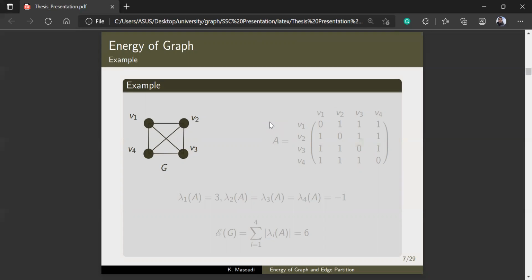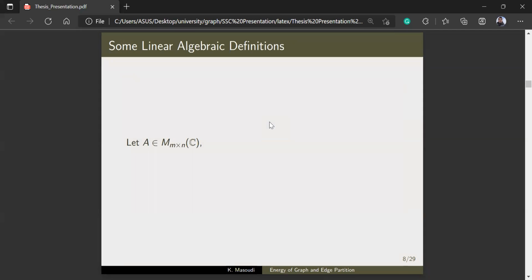First, we write down its adjacency matrix, then we have to find all of its eigenvalues, which we can see: it has one eigenvalue equal to 3 and three eigenvalues equal to -1. The only thing that remains is to sum the absolute values of the eigenvalues, which would be 3 plus 3 multiplied by 1. So the energy of K4 is 6.